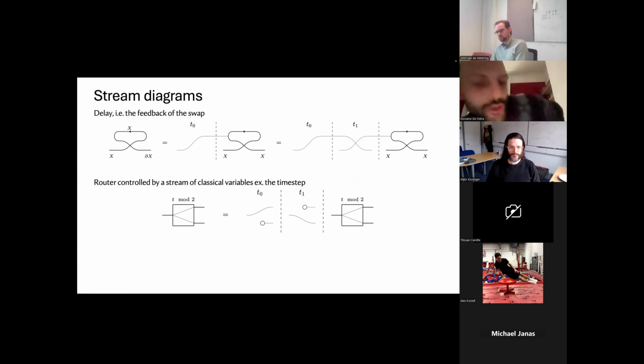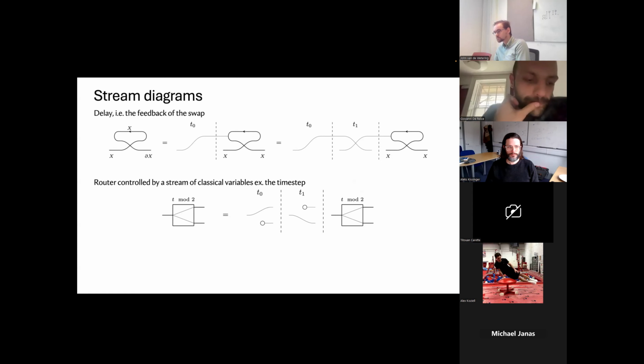We can also use this, which is a very general kind of category that you can construct out of any monoidal category. It's the category of stream processes over any base. In this case, I'm just defining a router.